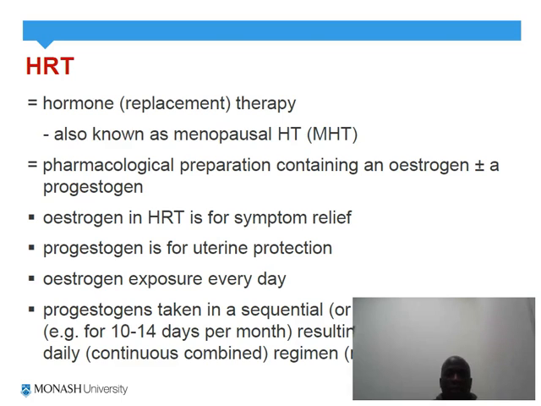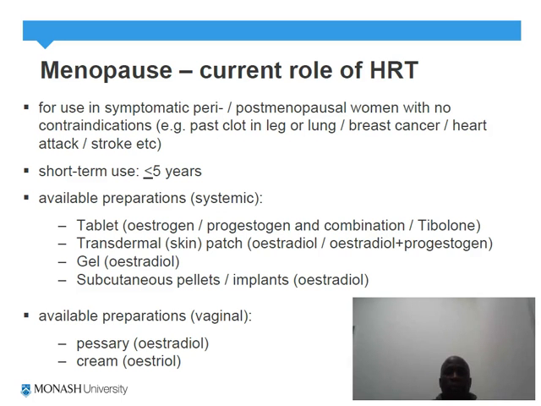As for progestogen, it can be taken in a sequential or cyclic regime, for example, for 10 to 14 days per month, resulting in bleeding, or it may result in no bleeding if you take it daily. So that's about hormone replacement therapy.